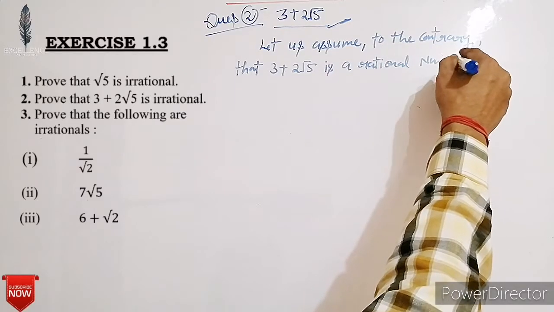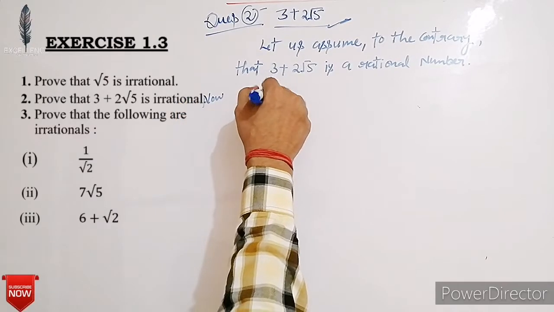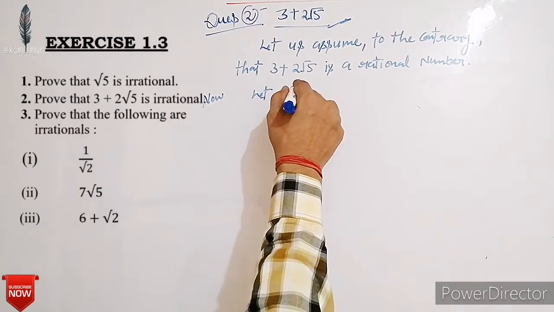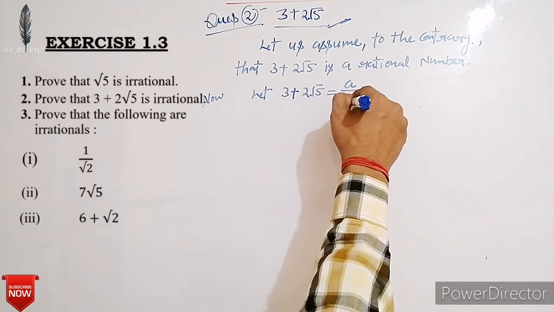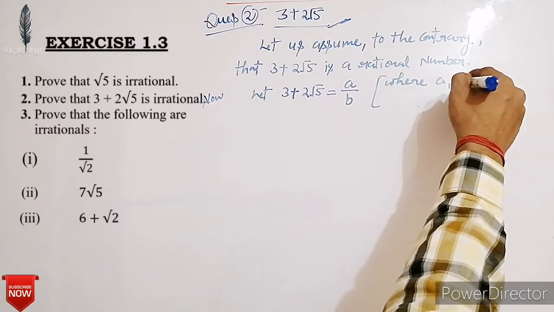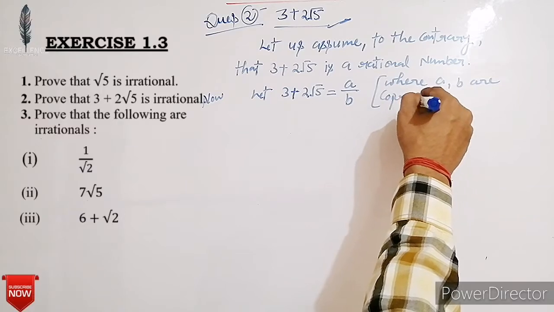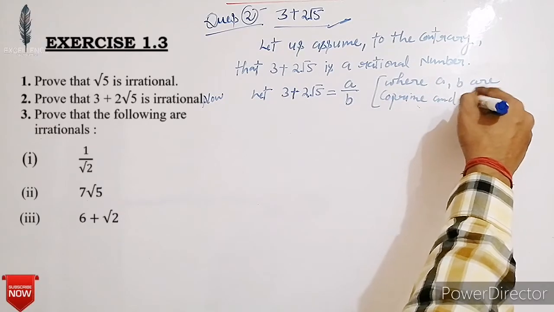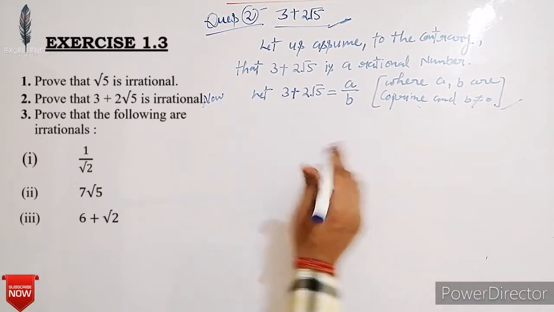Okay, students? So here let 3 plus 2 under root 5 is equals to A upon B, where A and B are co-primes and B does not equals to 0.